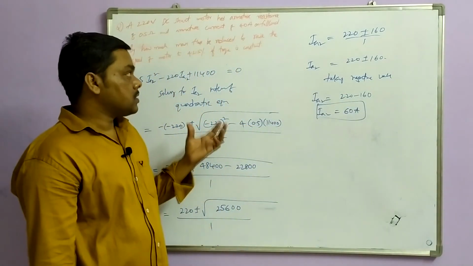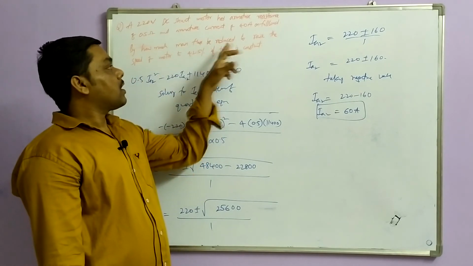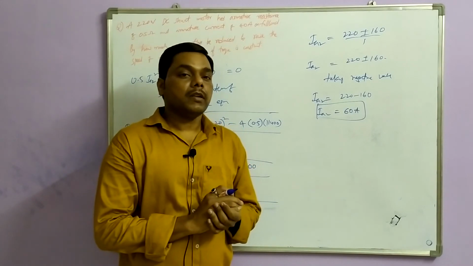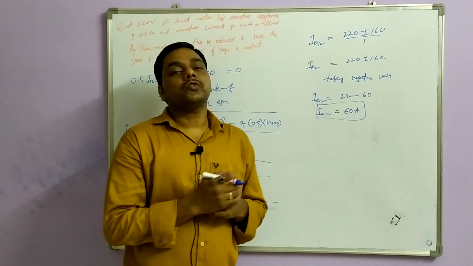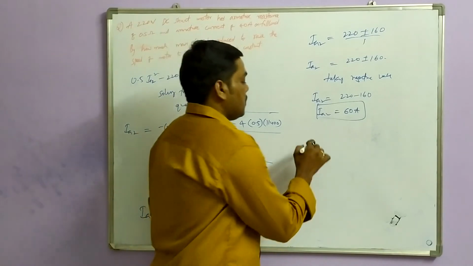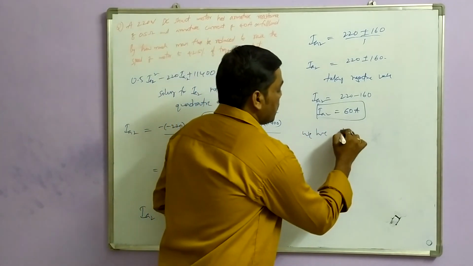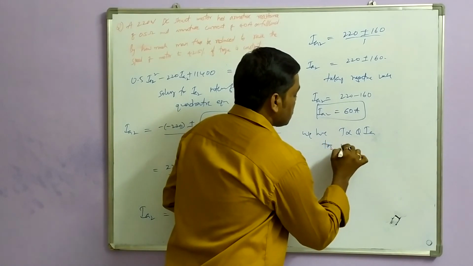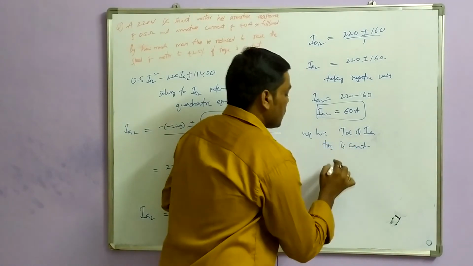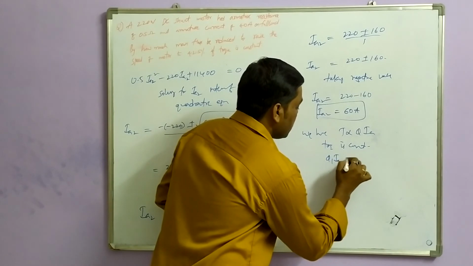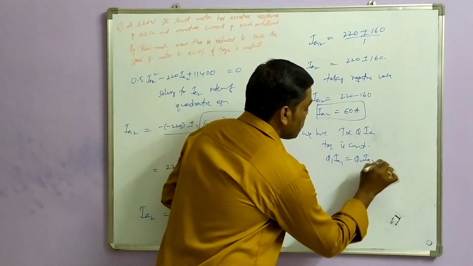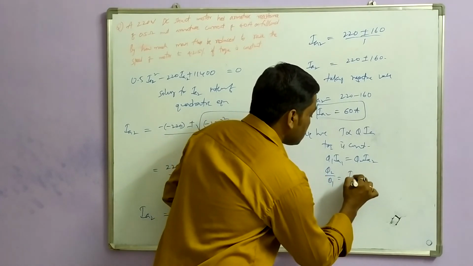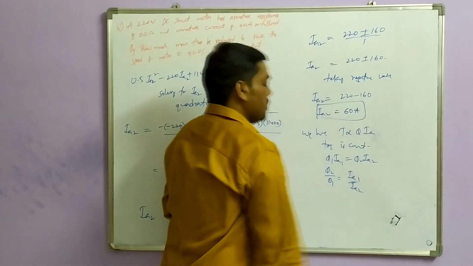Now the flux is going to be reduced to raise the speed by 42.5%. Let us see how much the flux is going to change. We have torque T proportional to phi into Ia, and the torque is constant. So phi 1 into Ia1 is equal to phi 2 into Ia2, so phi 2 by phi 1 is equal to Ia1 by Ia2.